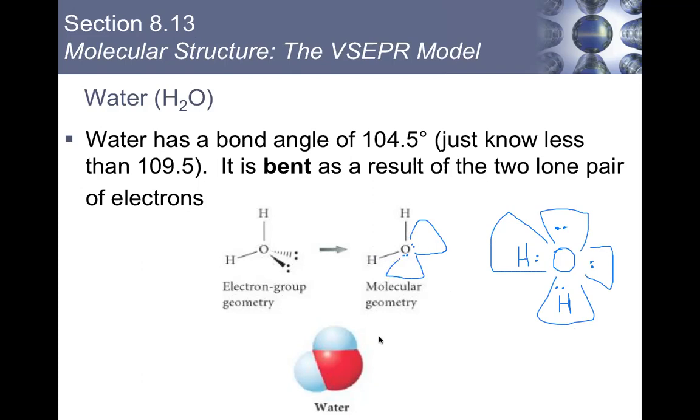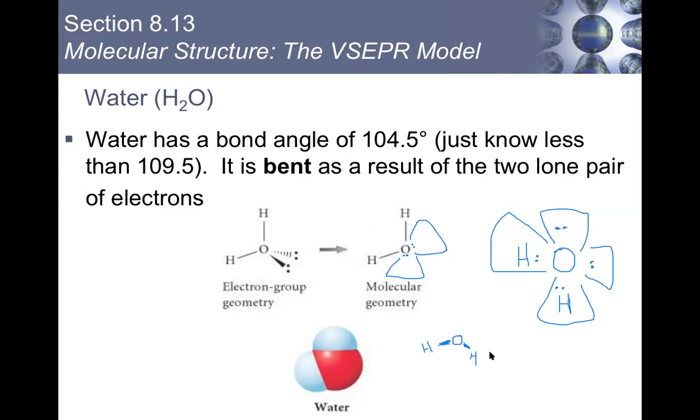So they push these down, and this is bent. That's why whenever we draw water like this, we show that it's in a bent formation. Sorry again for the horrible pictures. So it has a bent shape, and that's because of the lone pair electrons that it has there.